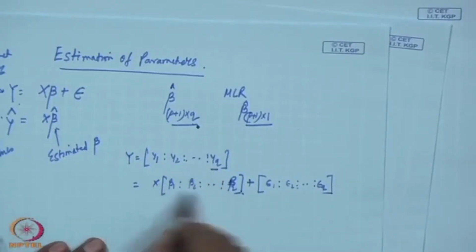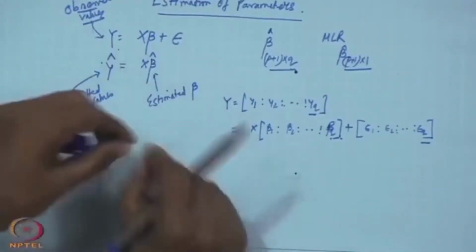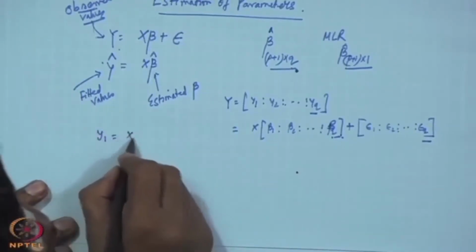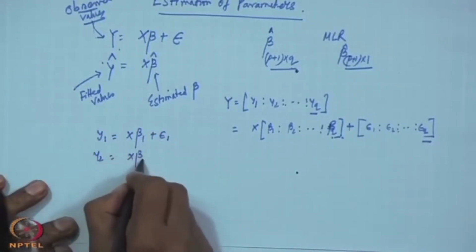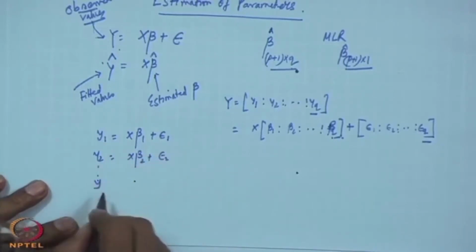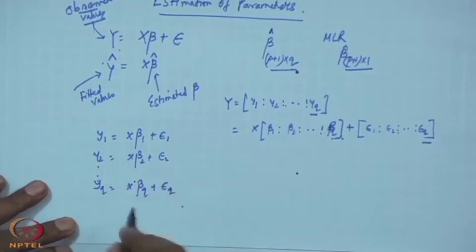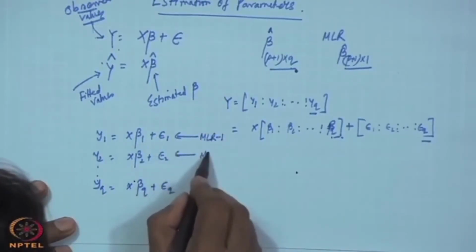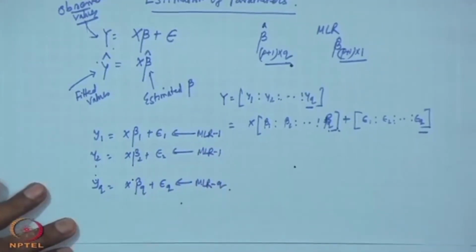This is q. So this equation is nothing but q MLR, q number of MLR: y1 equal to x beta 1 plus epsilon 1, y2 equal to x beta 2 plus epsilon 2, similarly yq equal to x beta q plus epsilon q. So this is MLR 1, MLR 2, MLR q.